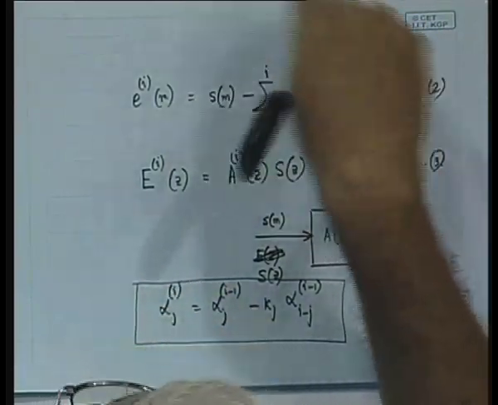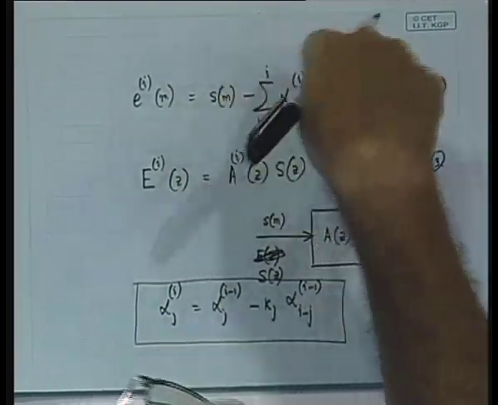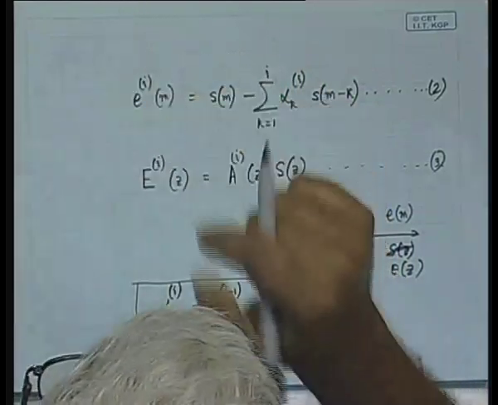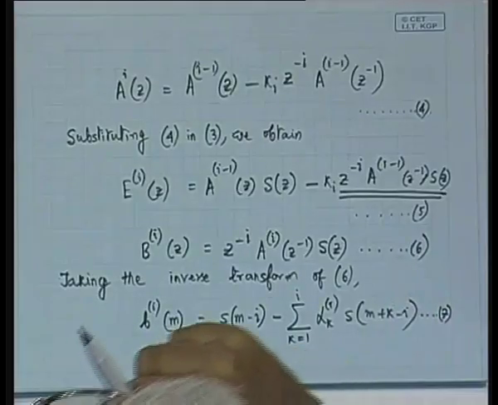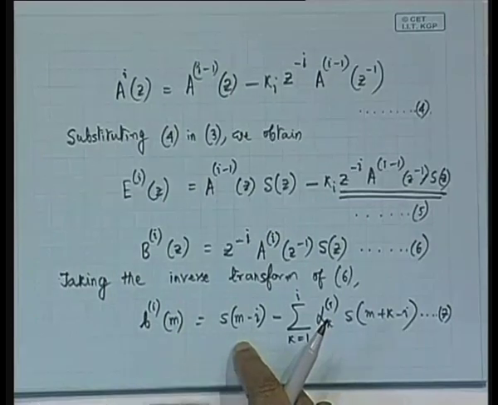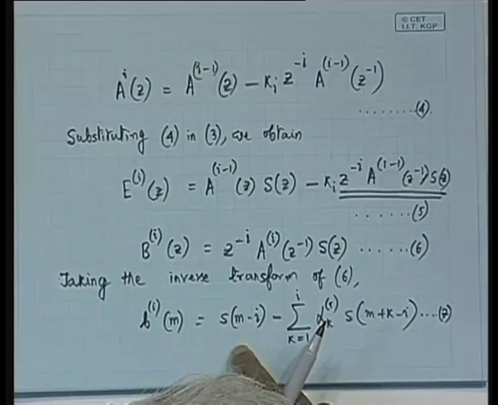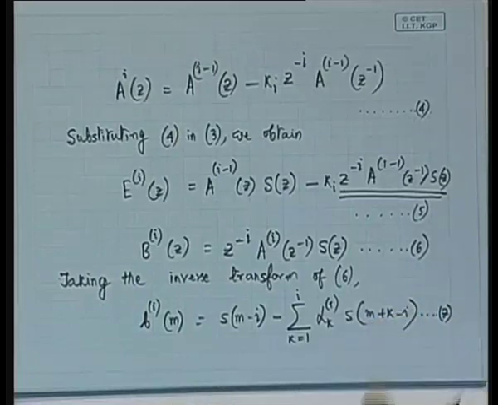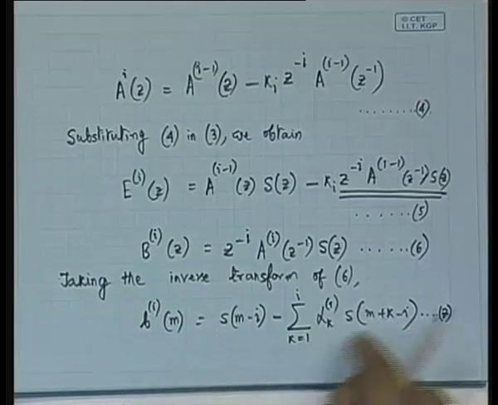So we are taking the past samples to predict s(m), using i past samples and in that process generating a forward prediction error e_i(m). What we are doing over here is something opposite. Here it is s(m-i), so it is as if we are going to predict s(m-i) from s(m+k-i), and k again is a positive quantity.